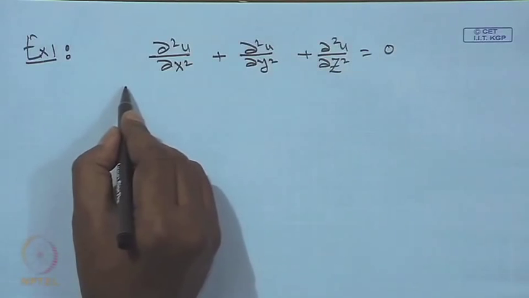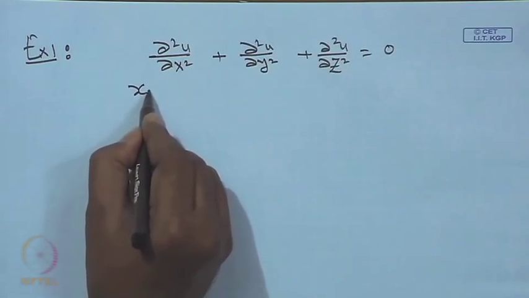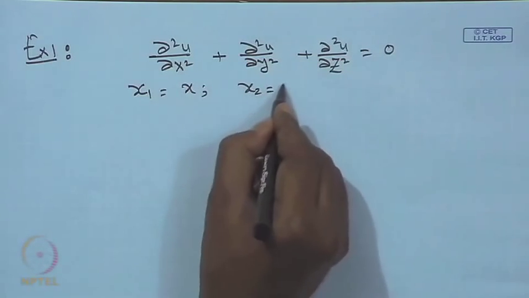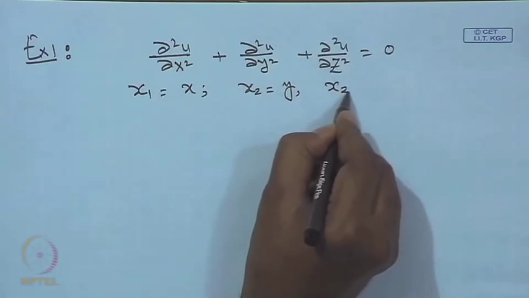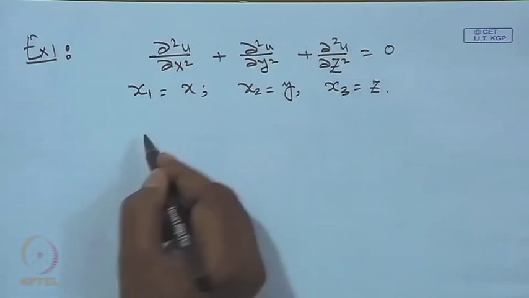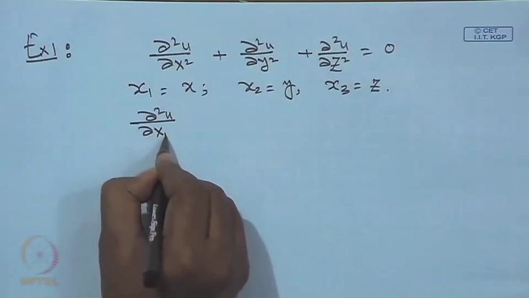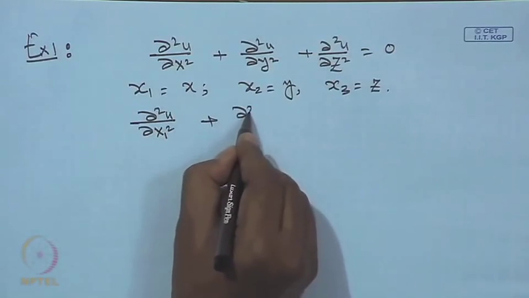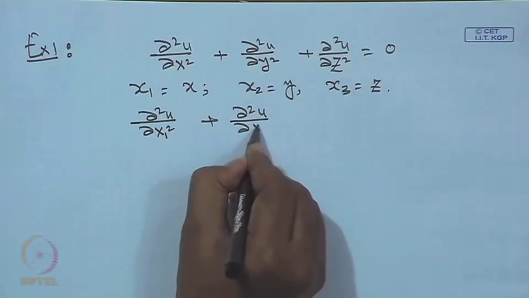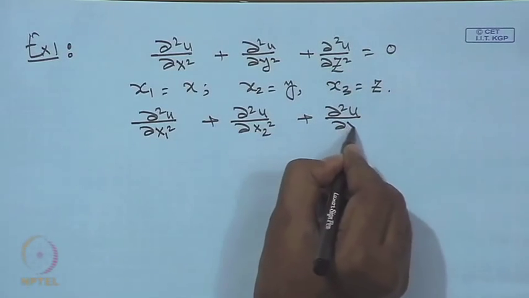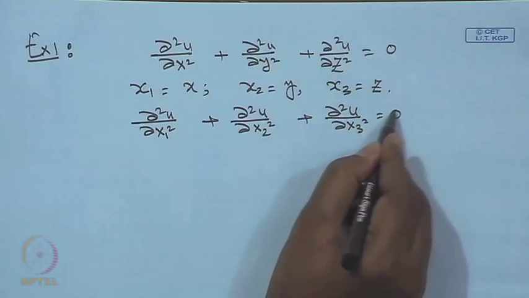So, in this case x1 is x, x2 is y and x3 is z, and we will be having del square u del x1 square plus del square u del x2 square plus del square u del x3 square is equal to 0.